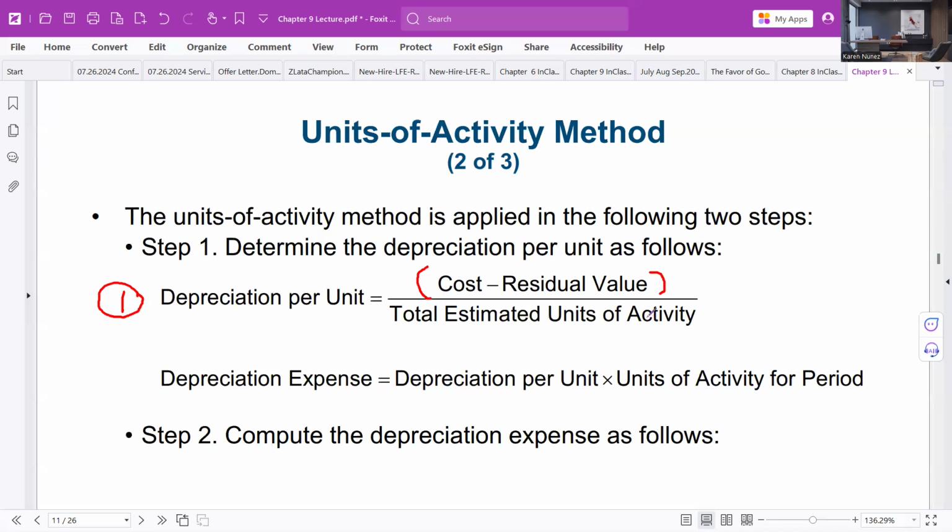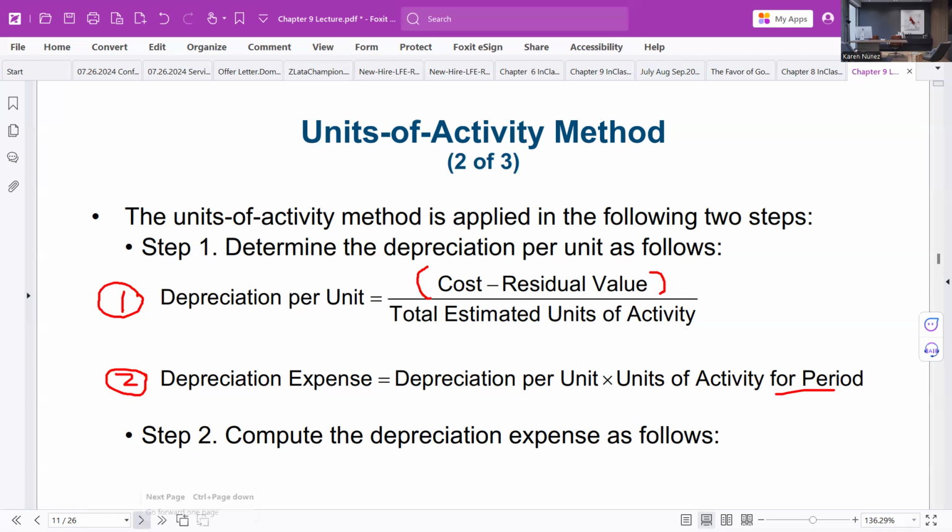That gives us the depreciation per unit. Then step two, to determine the depreciation expense, it's the depreciation per unit times the units of activity for the period. So first step, find the depreciation per unit. Second step, find the depreciation expense.